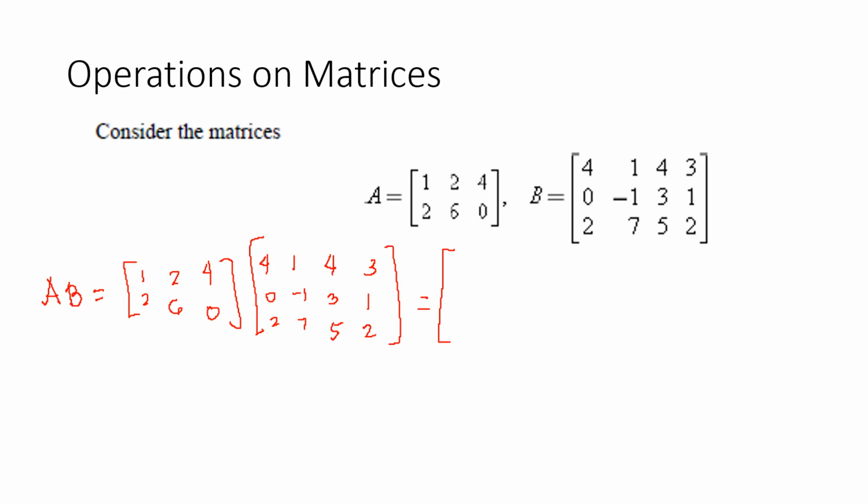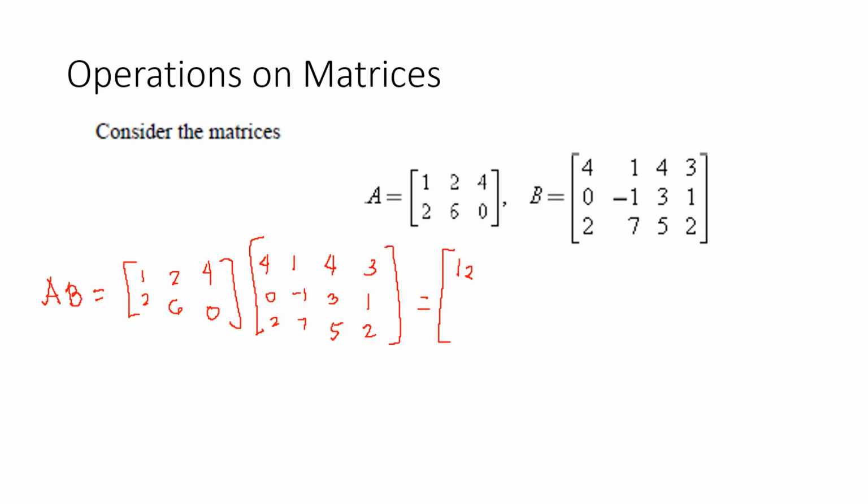Again, you have 1 times 4, plus 2 times 0, plus 4 times 2, that would be equal to 12.